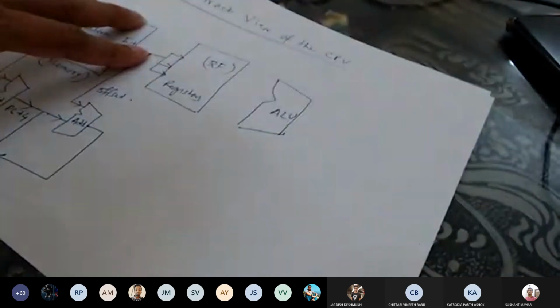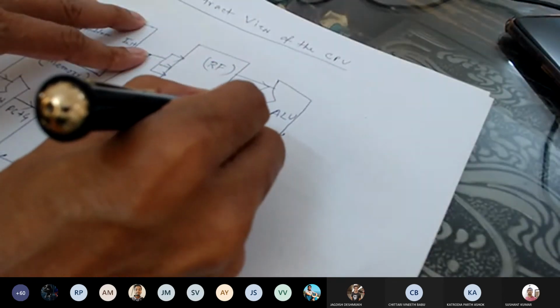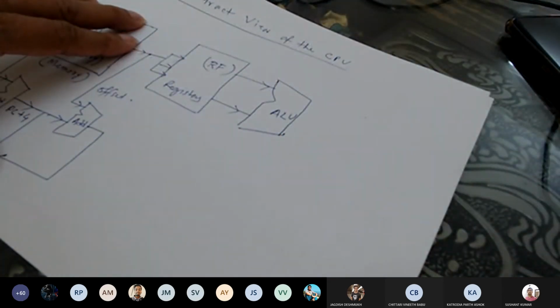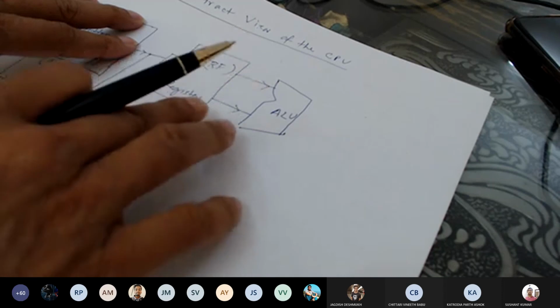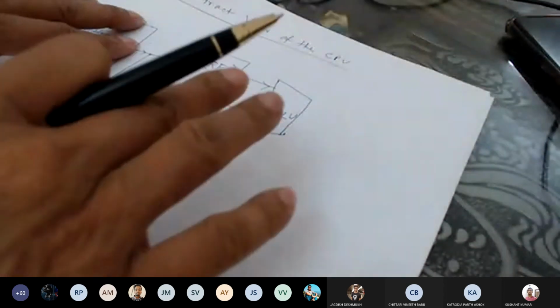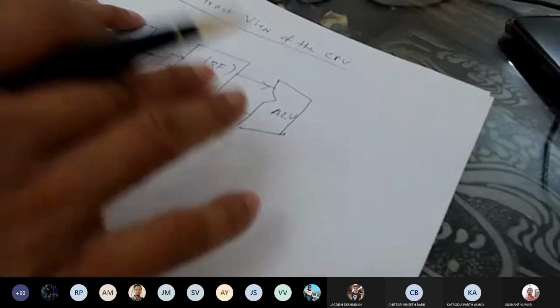Now tell me, obviously two values, the arithmetic logic unit takes two values. Now, other than these two values, which are directly coming from the register file, do you feel that there is some other connection needed at the input other than control signals?